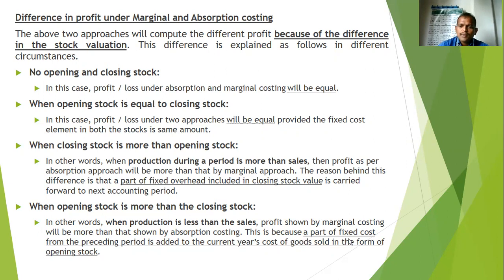This is because a part of fixed cost from the preceding period is added to the current year's cost of goods sold in the form of opening stock. So all about fixed cost, whether to consider it or to exclude it. If fixed cost is considered in valuation of inventory, it is absorption costing. If fixed cost is excluded, then it is marginal costing.